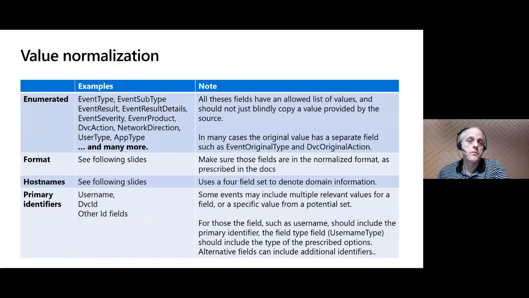Is it a domain username as in Windows, or is it an email like a UPN, or a short, simple username? For all those, we have a field for the value as well as a field for the type. So for the username type listed here, if the username is filled in, the type should also be available. Analytics may use it.